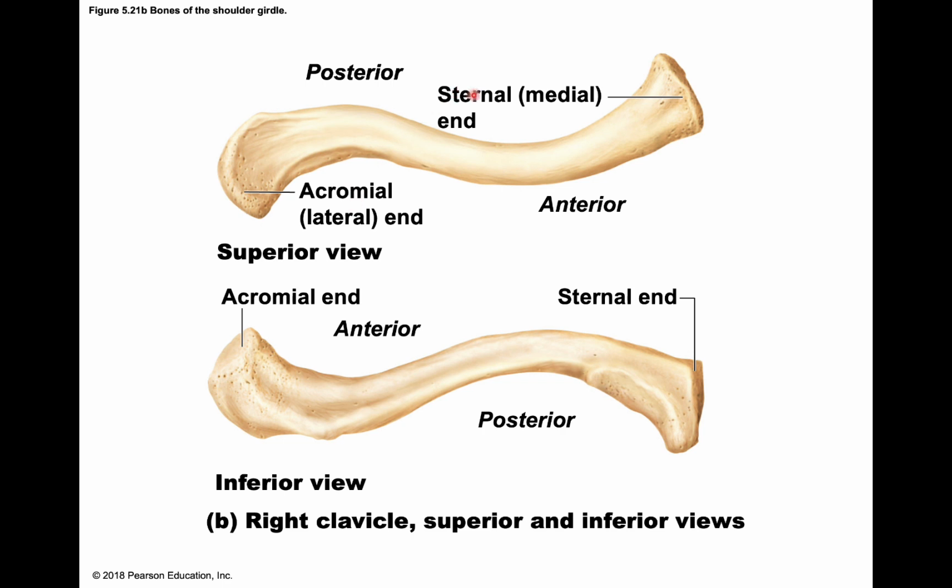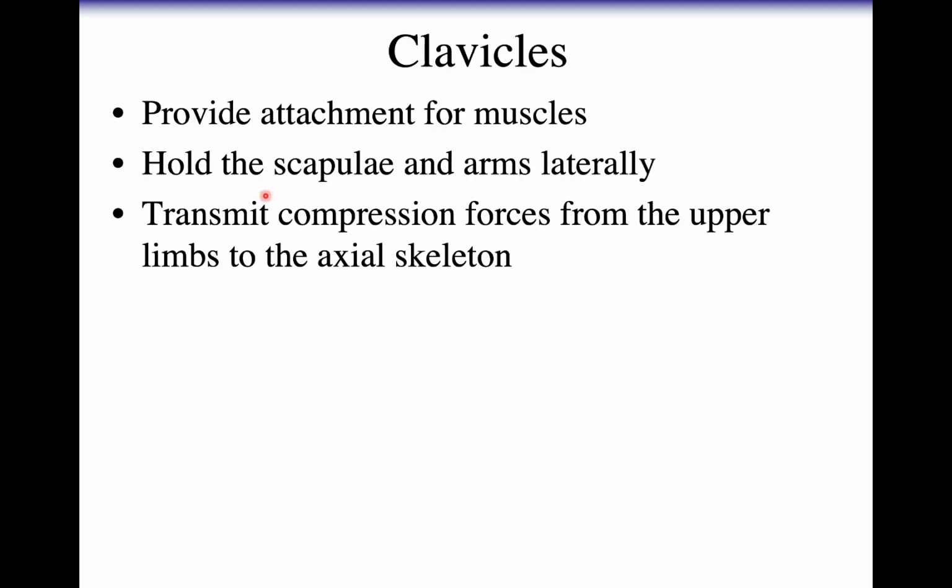Just like the name states, these names will tell you where those ends of the clavicle bind. The sternal end binds to your sternum. The acromial end binds to the acromion, which is found on the scapula. So these clavicles are going to provide attachment sites for muscles that are found in the pectoral region.